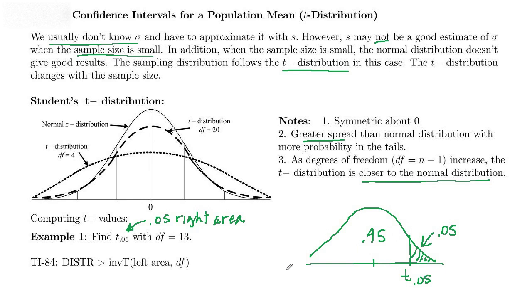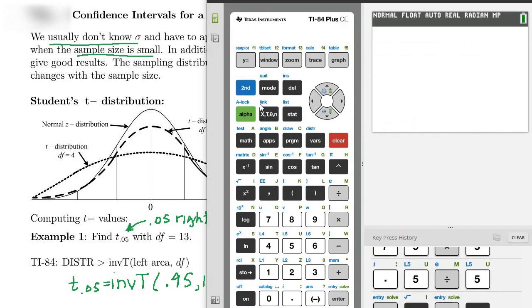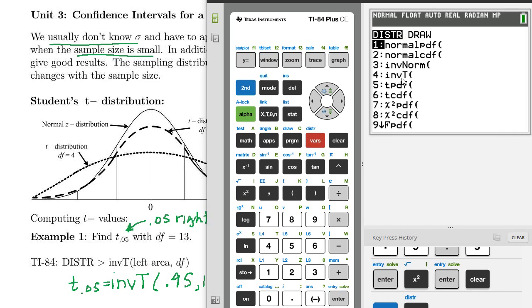So this t-value, t.05, is going to equal inverse t, and then you input the left area and your degrees of freedom. Our left area is 0.95, and our degrees of freedom were 13. So let's enter that into the calculator. We go to the distribution menu, second variables, and inverse t right there, number 4.